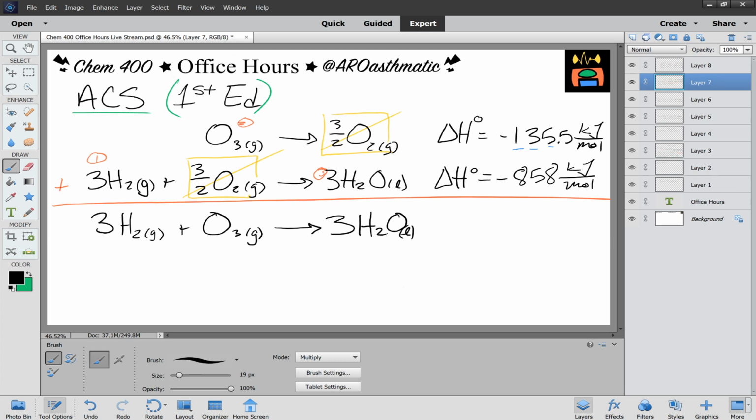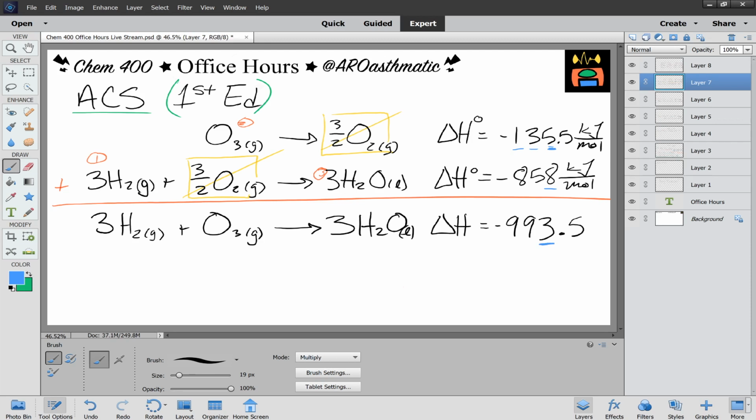And the delta H for this reaction is going to be the change in enthalpy of our two reactions added together. So negative 135 minus 858 is negative 993.5. But remember, we just did an addition. We're going to need to round to the ones place because both of these numbers are precise to the ones place.